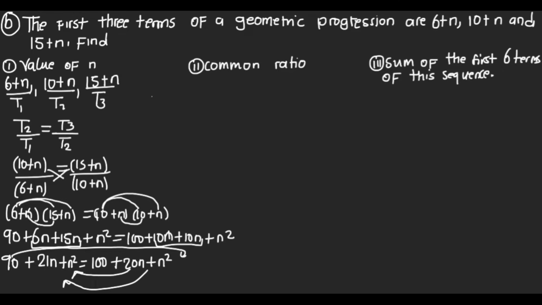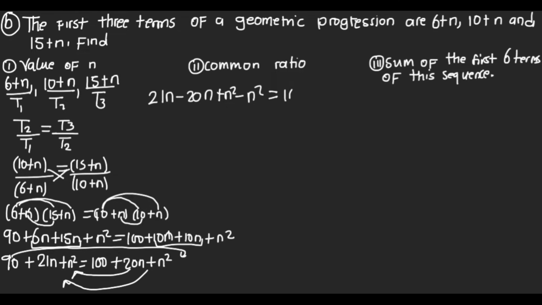So we are going to have 21n. This is positive 20, so it will change to negative 20n. Then we'll have this positive n squared, this will change to minus n squared.